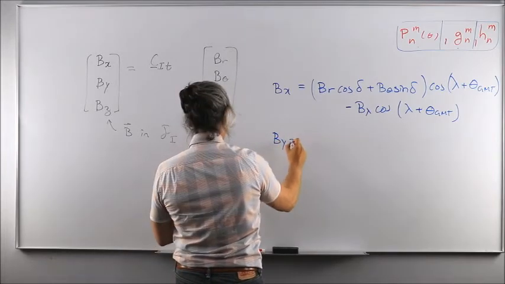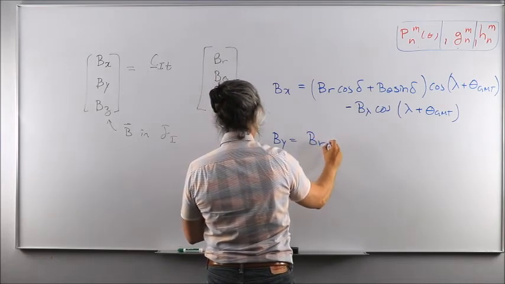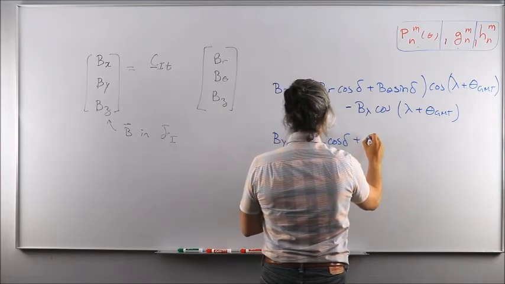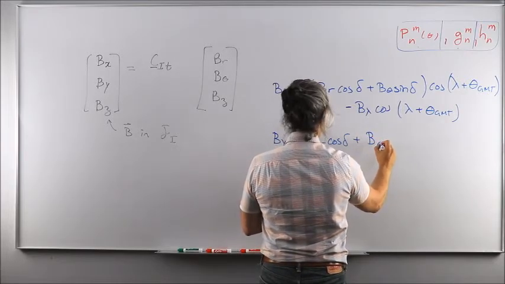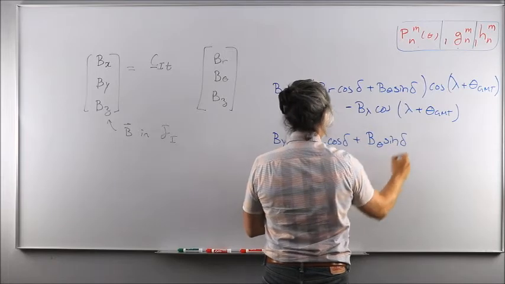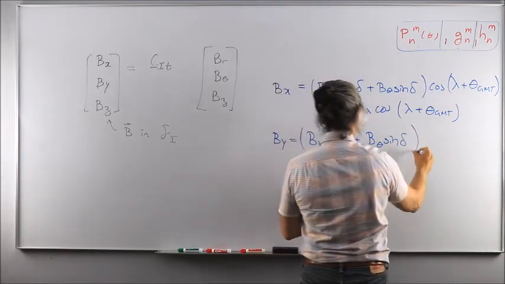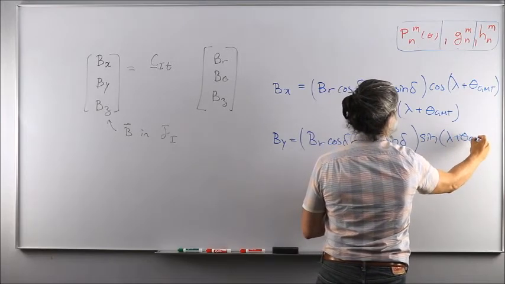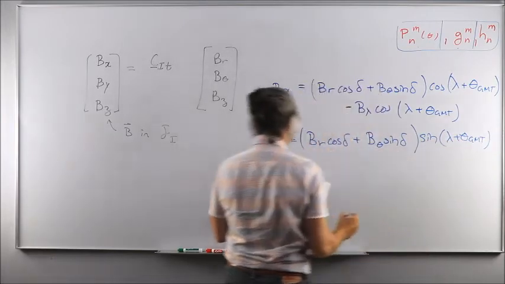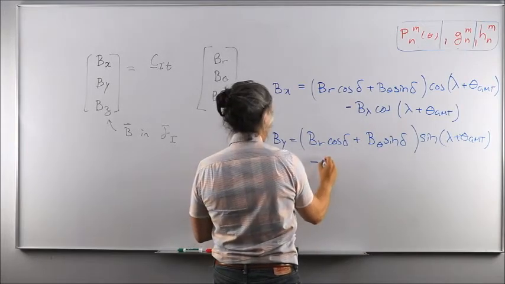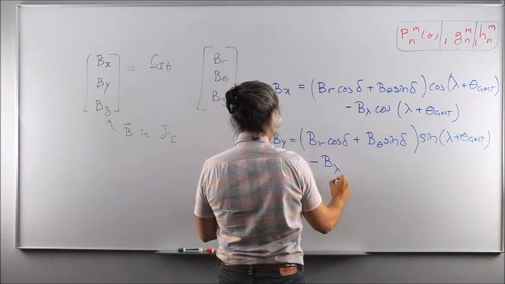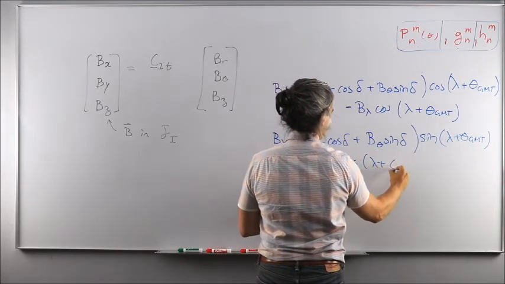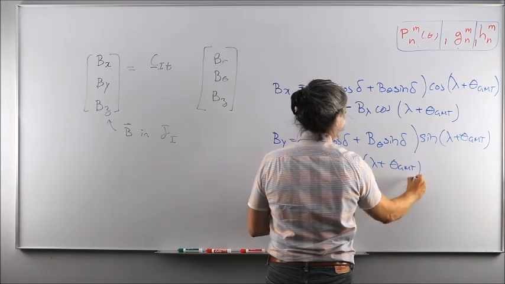By is going to be equal to Br cos latitude plus B theta sine latitude. All this multiplying sine longitude plus theta GMT minus B lambda of cos longitude plus theta GMT, like that.